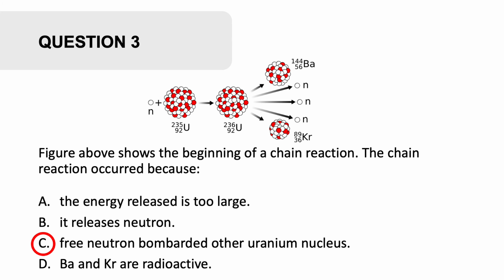So when the released three neutrons bombarded other uranium nucleus, it will release the same thing as before. And this cycle will be repeated over and over again, creating the chain reaction.